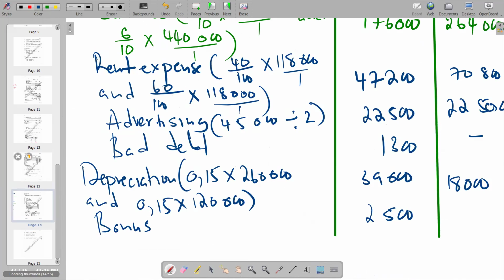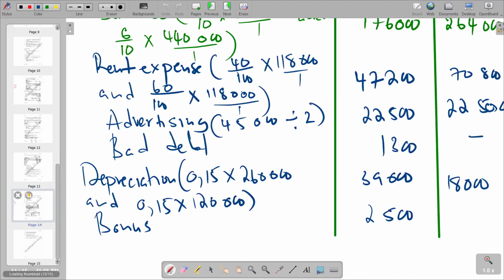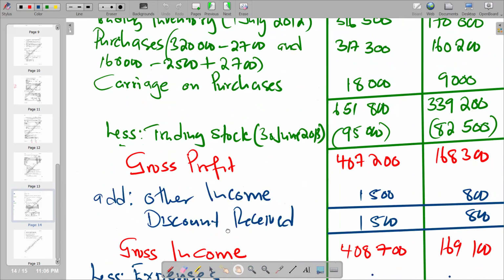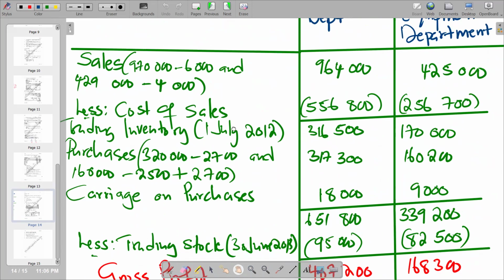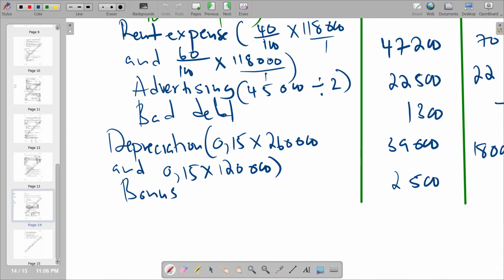But for the sports equipment department, we're told that the bonus is 1% of department net sales. And we go back, we see that the net sales, remember, is the figure that we calculated here, and we got it as 425,000. So times 1%. So we are saying 1% is 0.01 times 425,000.